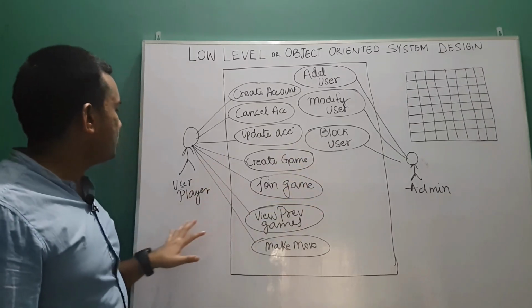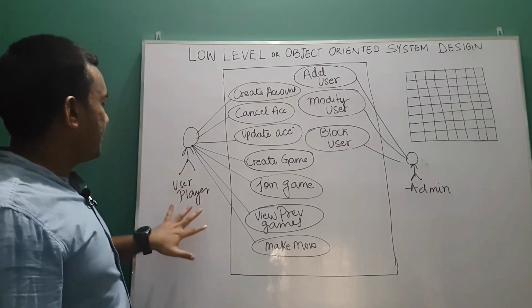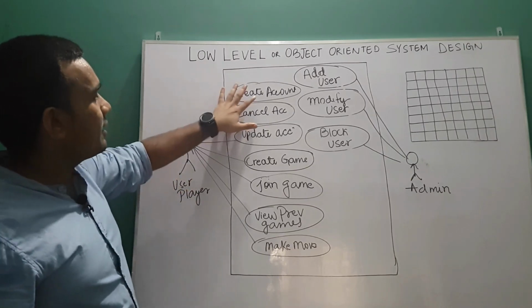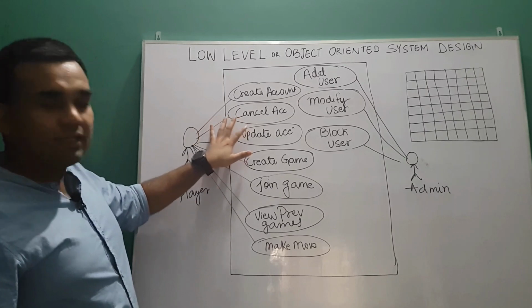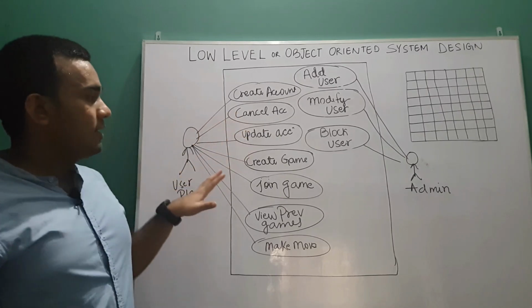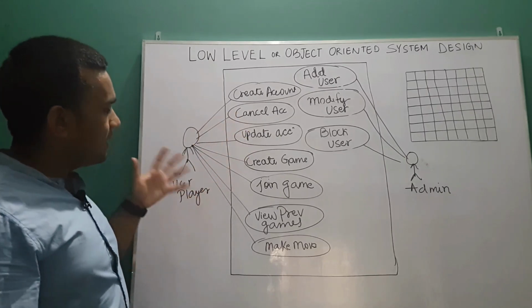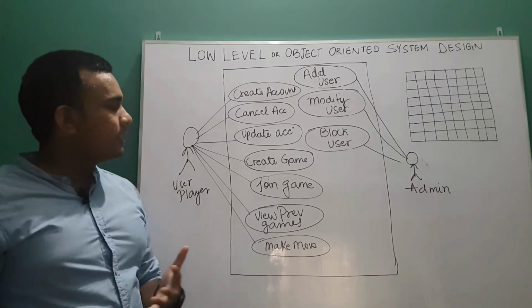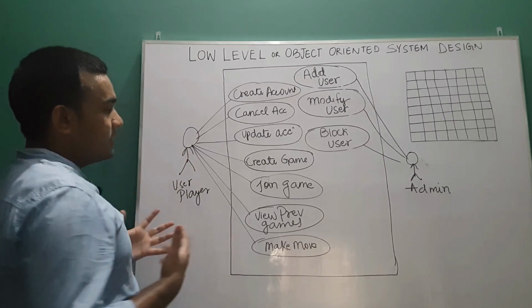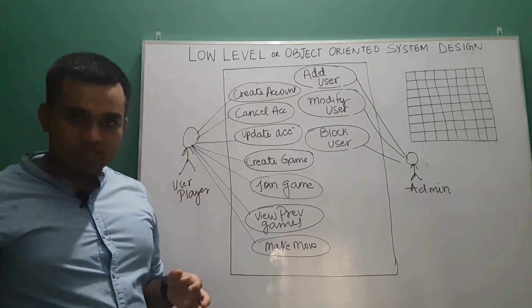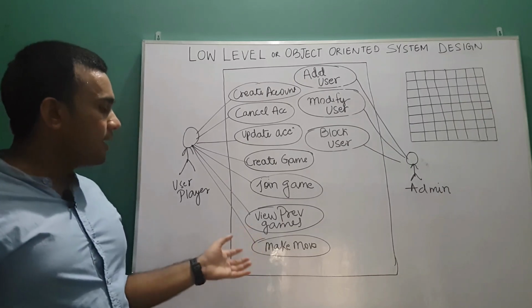The second actor is our player. The player can create an account, cancel the account, update his or her account, create a game, join a game, and can obviously see their previous games history as well, and also make a move.